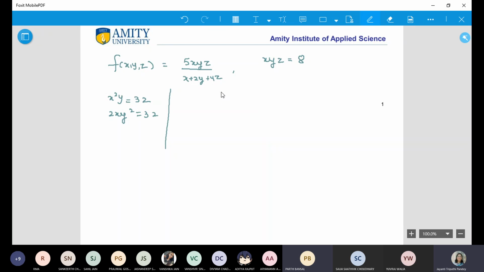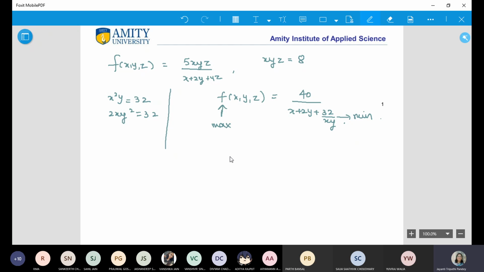Let me do it again, just see. We had f(x,y,z) = 40 upon x plus 2y plus 32 upon xy. So f is maximum if this is minimum.